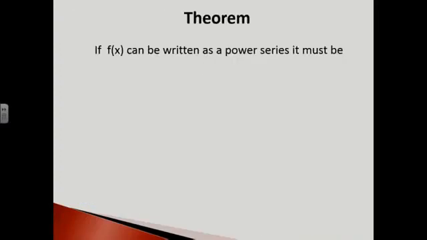The following theorem will help us to find the representation of a function as a power series. If f(x) can be written as a power series, it must be f(x) equals sigma k equals 0 to infinity of the kth derivative of f at c divided by k factorial multiplied by x minus c to the power of k.